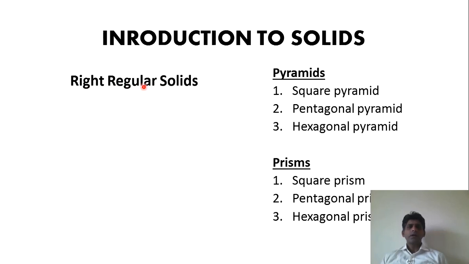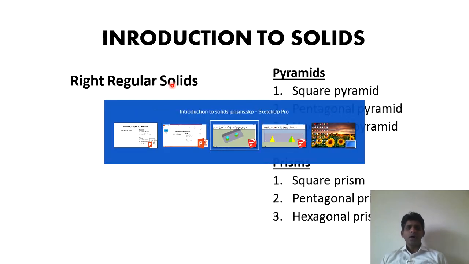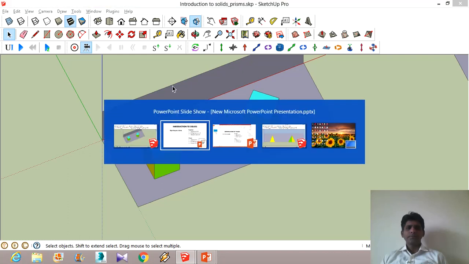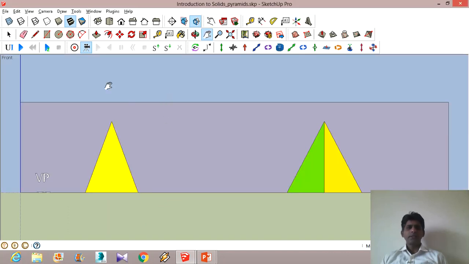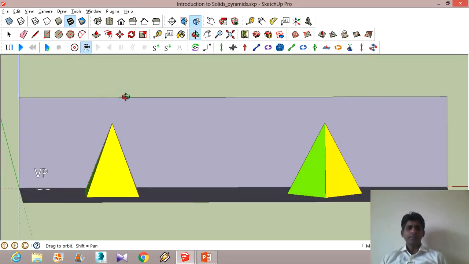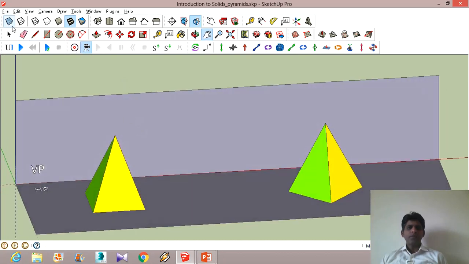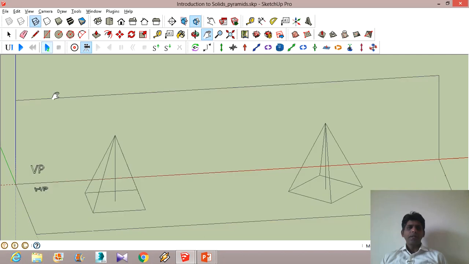Right regular solids means that the axis of the solids, like for example in this visualization it will be more clear, the axis of the solids are going to be perpendicular to the base. So the axis you see here, this is the axis.